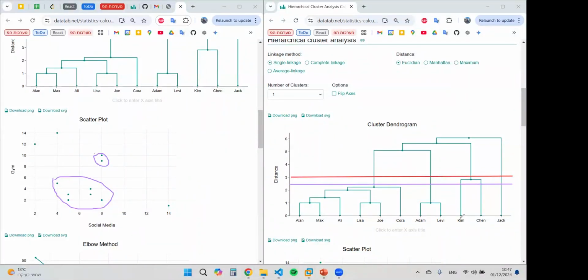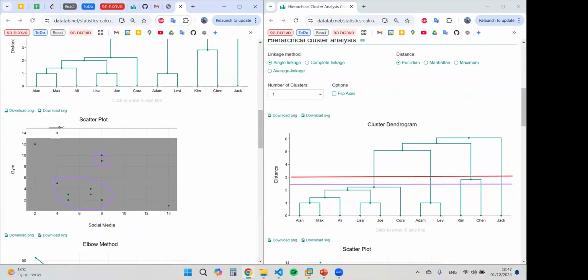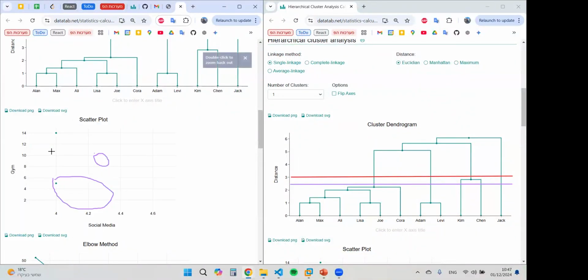And we got Kim, Chen, or Chen, depends on where you're from, and Jack. They're all alone. So that will be the clusters. It seems nice.